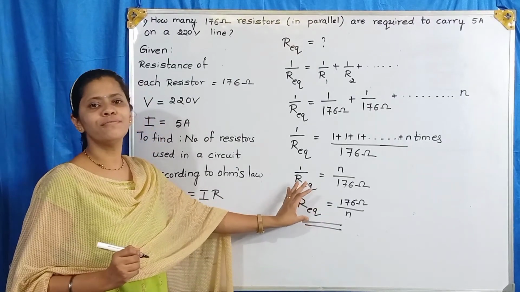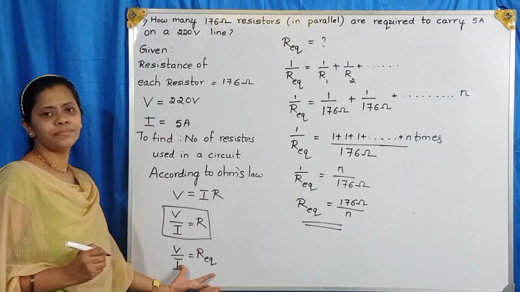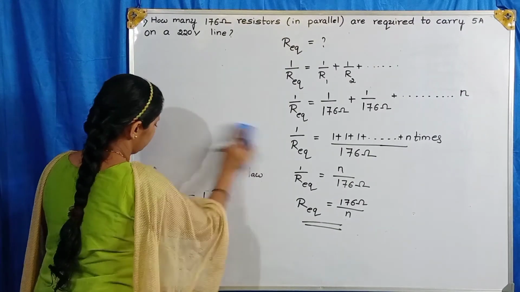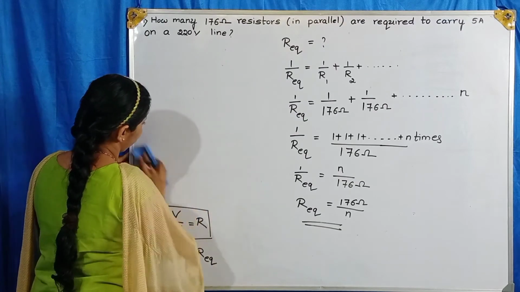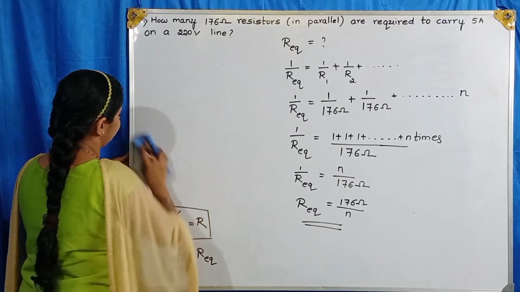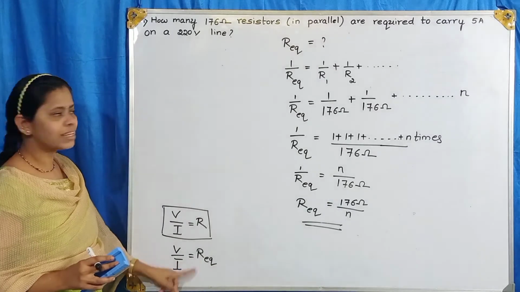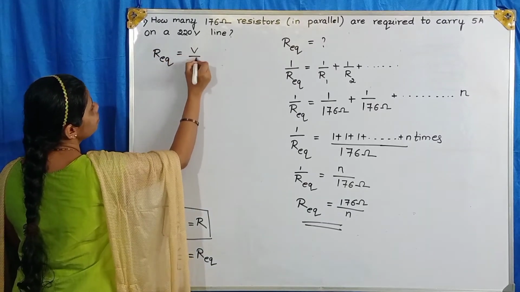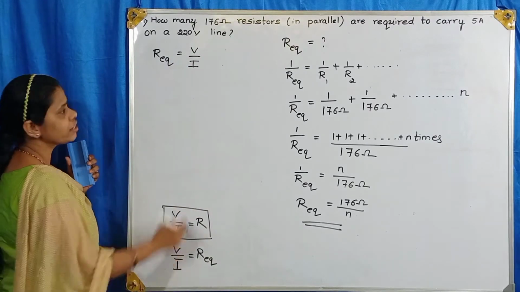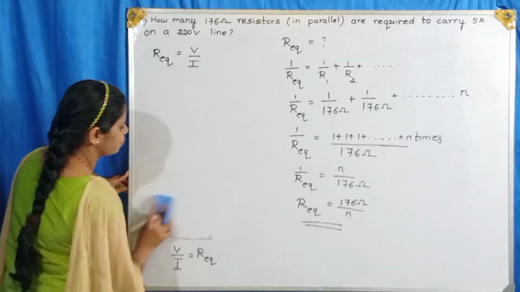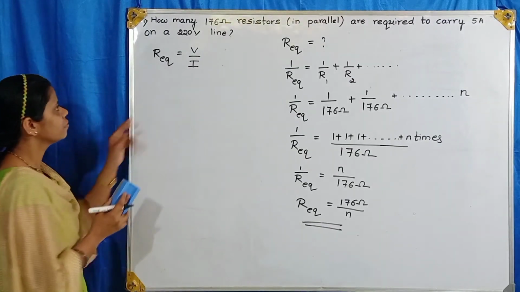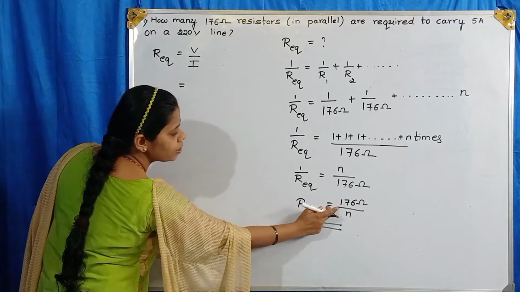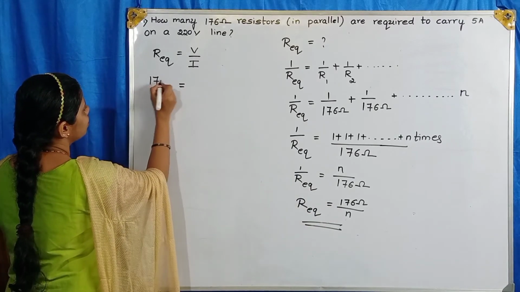Now, replace this value in this equation. R equivalent is equal to V by I. Now, R equivalent is how much? 176 ohm divided by n.